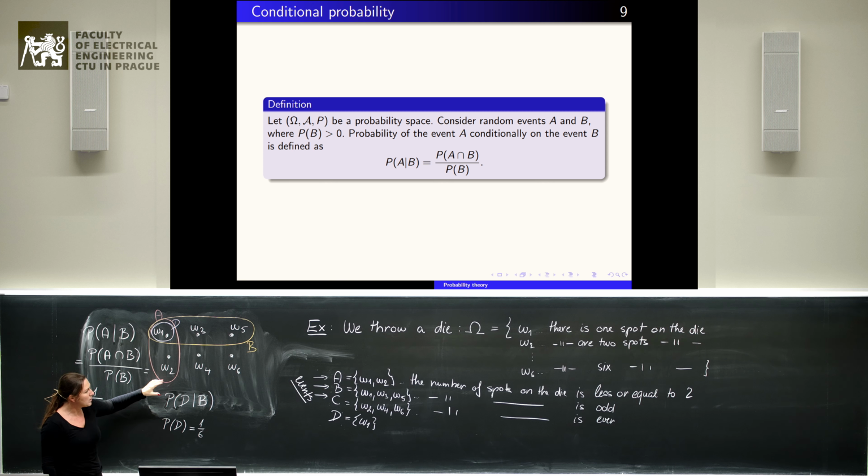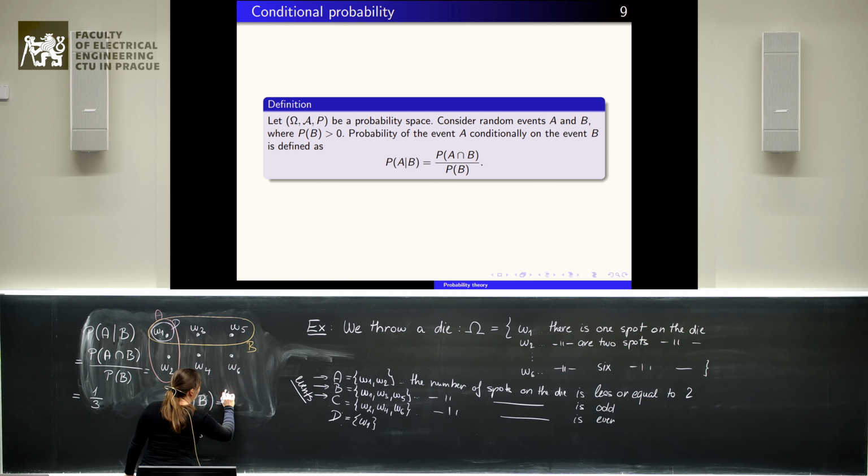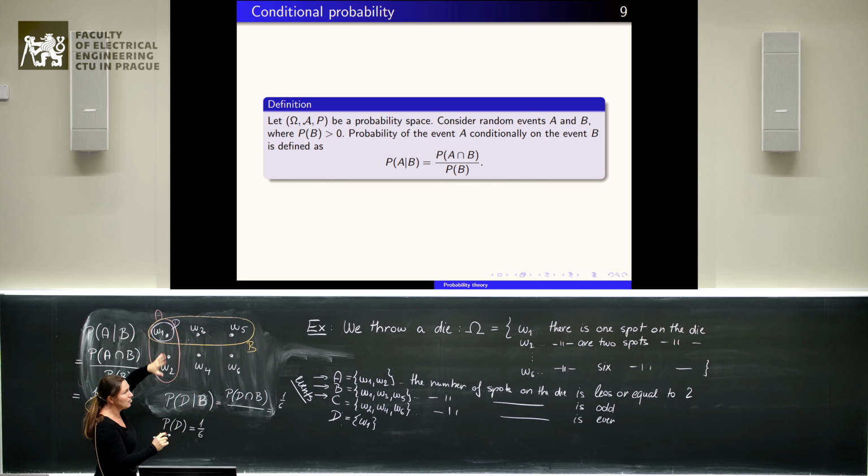But now, when we know that the number of spots is odd, so we know that only one of these 3 situations happens, we take the probability of this event, of event omega 1, in the total amount of events, but it must be divided by the event B, because the probability of each event is twice as large as the original probability.